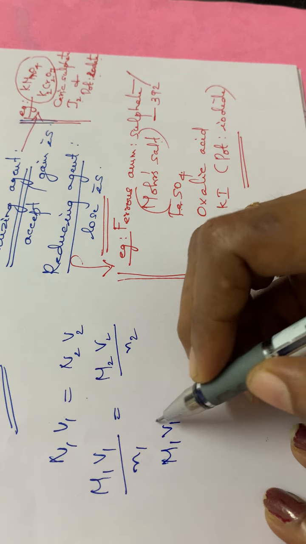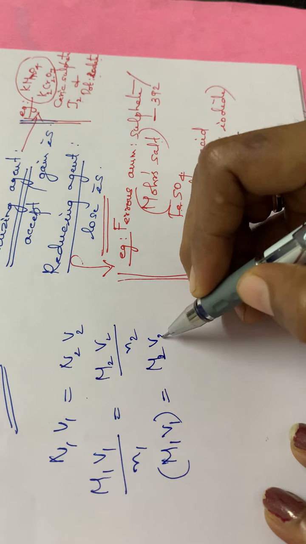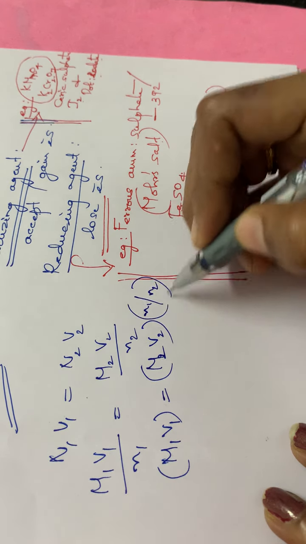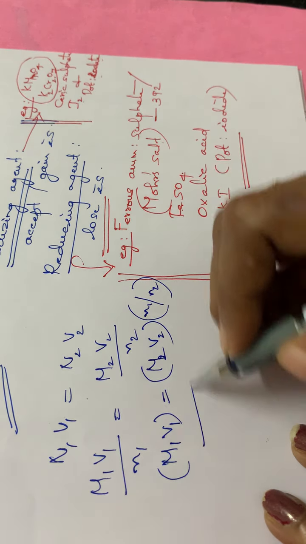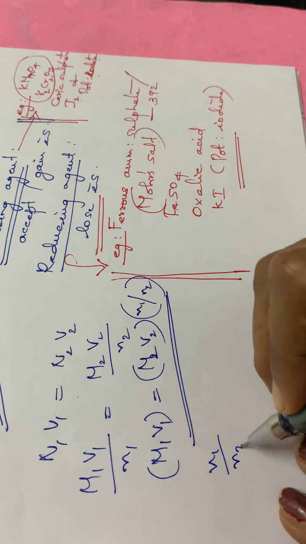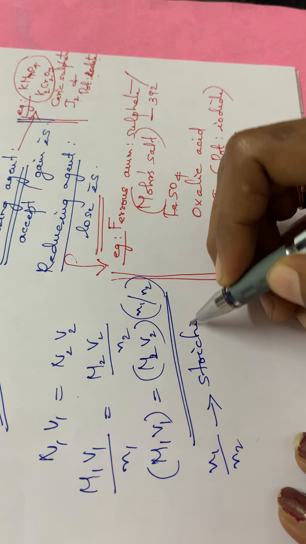This can also be represented as M1V1 = M2V2 × N1/N2. And this N1/N2 is called the stoichiometric ratio.